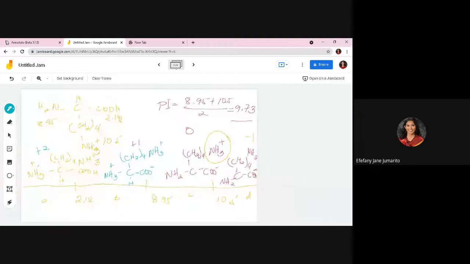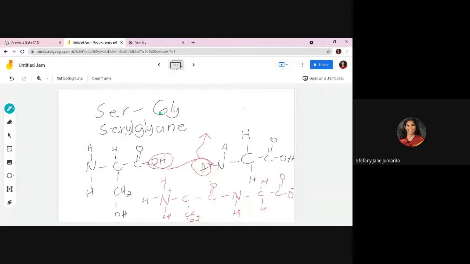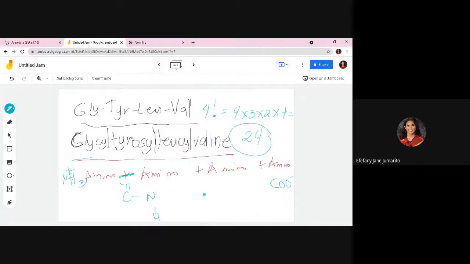If we have 2, how many isomers? 2 factorial only. If we have 3 amino acids, how many isomers? 3 times 2 times 1, which is 6.